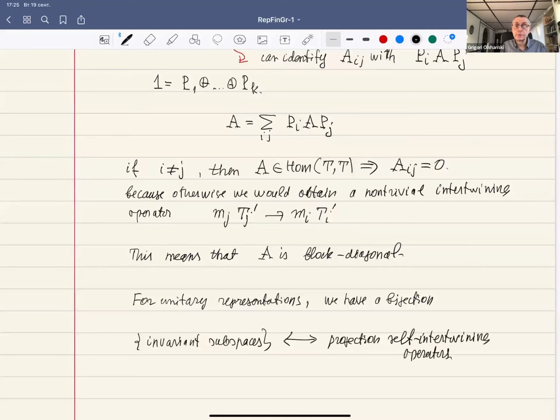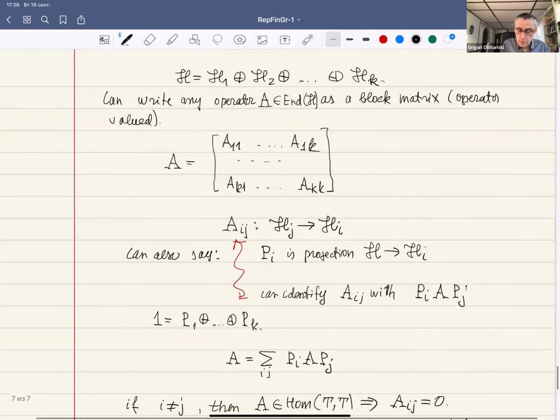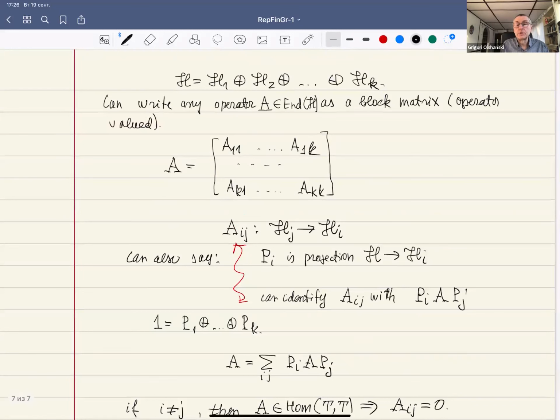And because of this one-to-one correspondence, we can switch from invariant subspaces to projection operators, which are intertwining operators. So combining this remark with what I proved, we obtain that any self-intertwining operator is block diagonal.